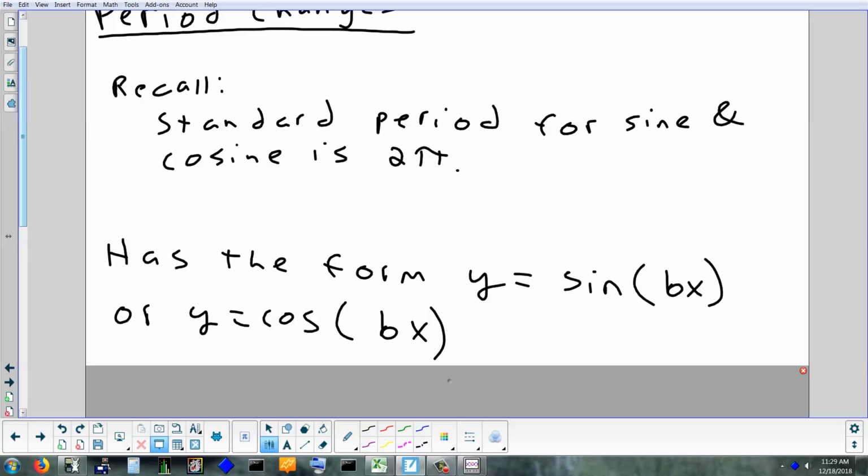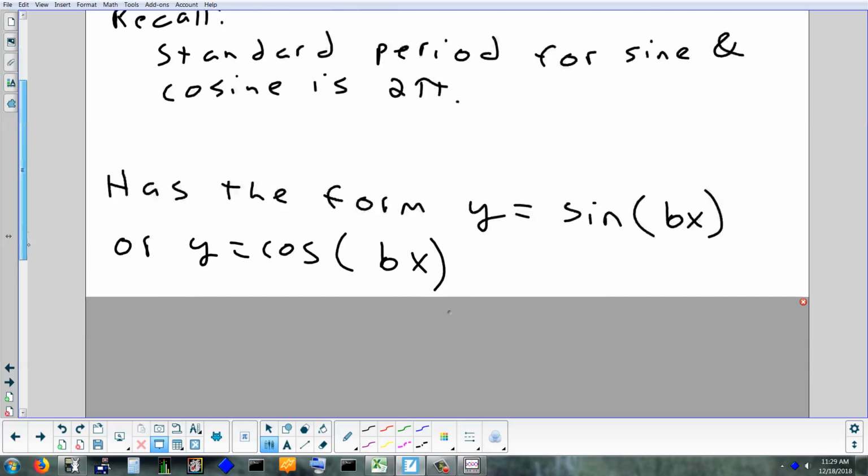Yep. Its placement is different. It's inside the cosine function and not outside of it. It's inside the argument to the function. Anything that's inside the argument is always a horizontal. Anything outside is always a vertical. Multiplication is always a stretch. Addition or subtraction is always a shift.